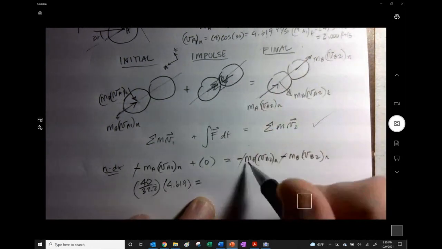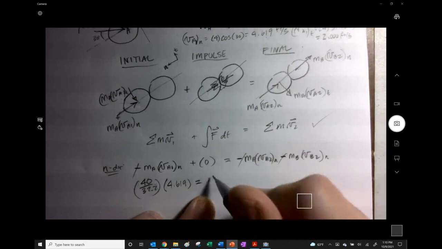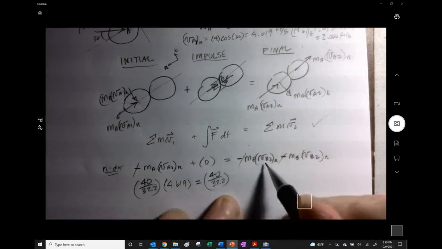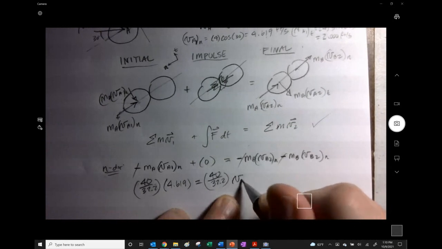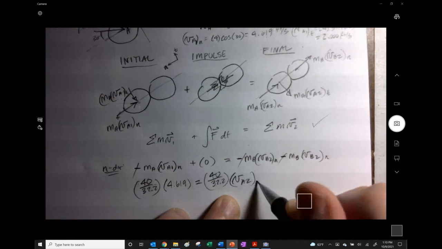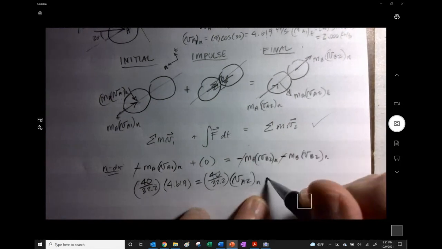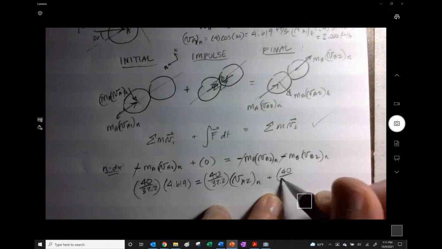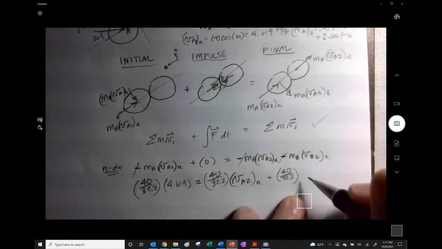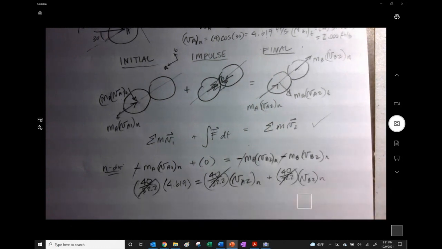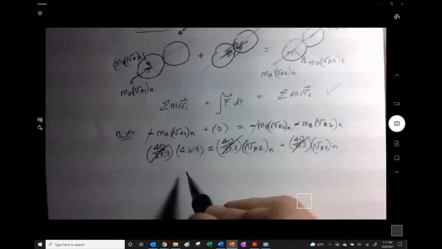And it's going to be equal to this MA, which is 40 divided by 32.2, times VA2 in the normal direction, plus he's the same mass, right? So he's the same weight, so he's the same mass. So we can get rid of all of them. Yay. So here's equation 1.